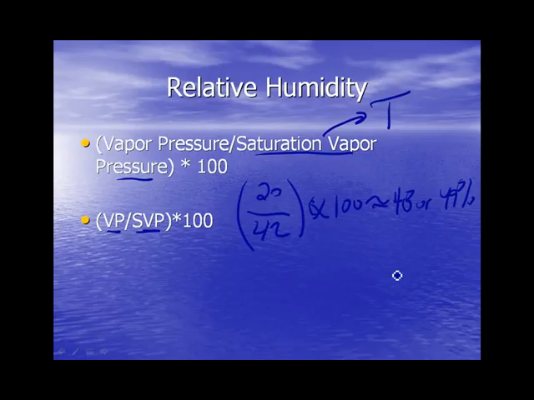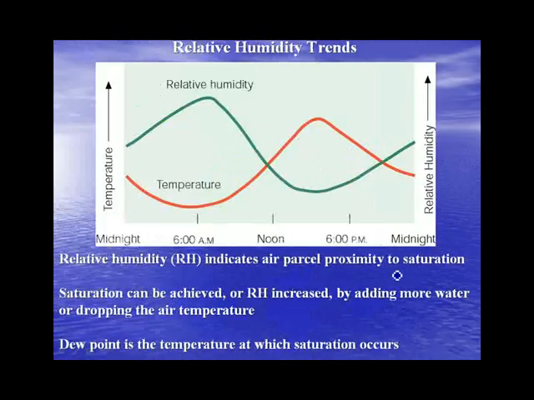I realize I'm throwing a lot at you here, but this should make sense, that relative humidity is temperature dependent, and we see that. We have a graph here of the different times throughout the day versus temperature, and in the evening hours as temperature begins to decrease, assuming we keep the water vapor constant.